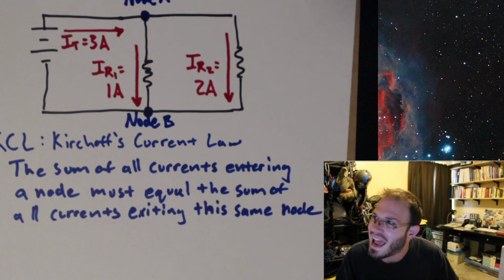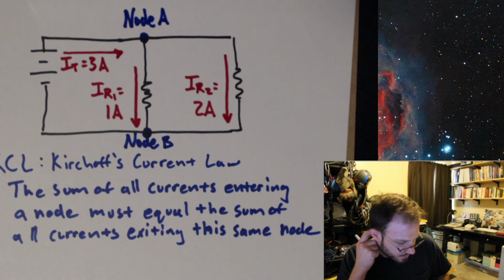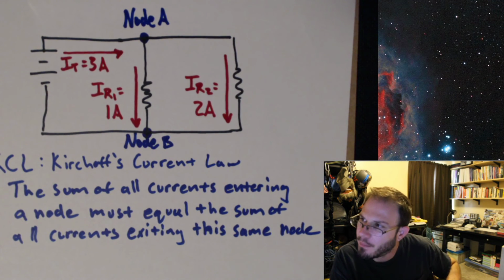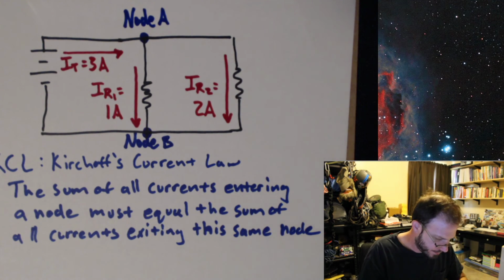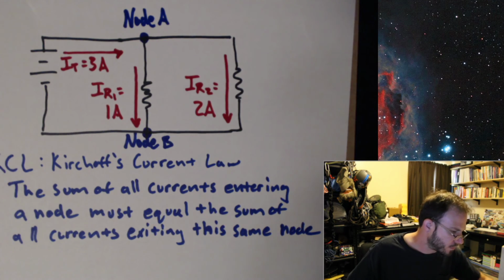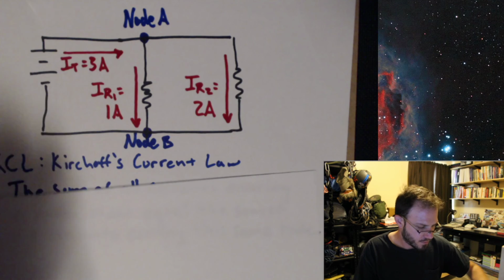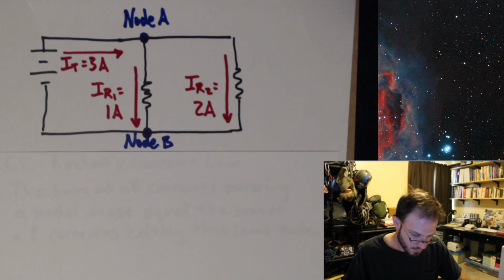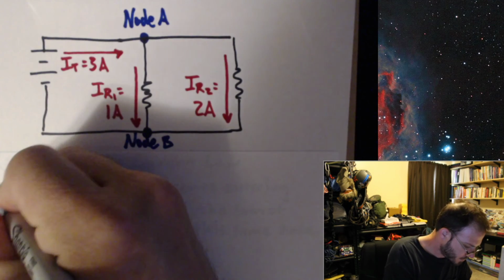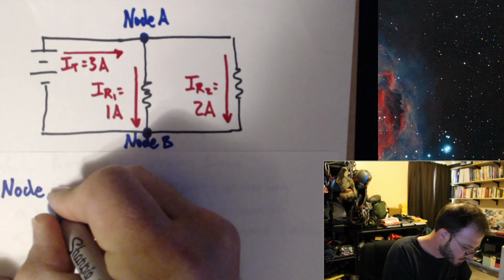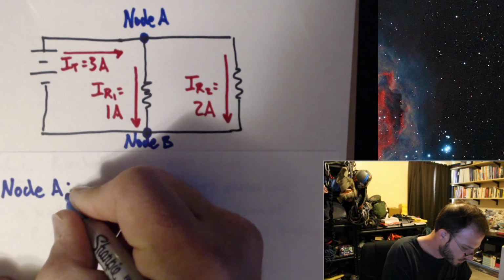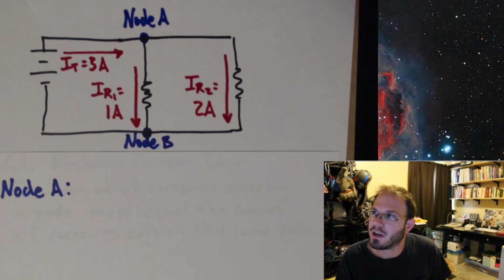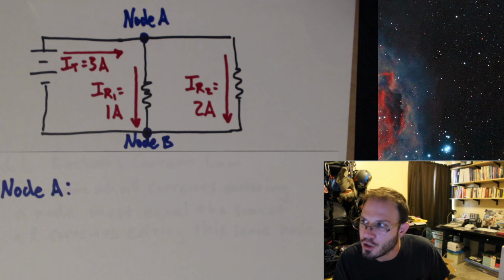Just going to call them node A and node B. So let's go ahead and talk about node A. Now look at what's happening in node A. IT is entering, IR1 is leaving, and IR2 is leaving.